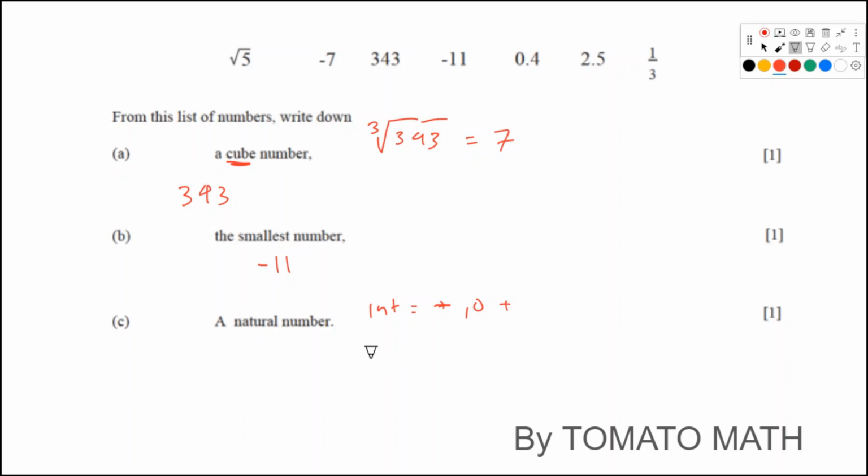And W, which is whole, is 0 and positive. Finally, N, natural, is only positive. So natural numbers means a positive number, and it cannot be a decimal. So the natural number is 343. This is a natural number.